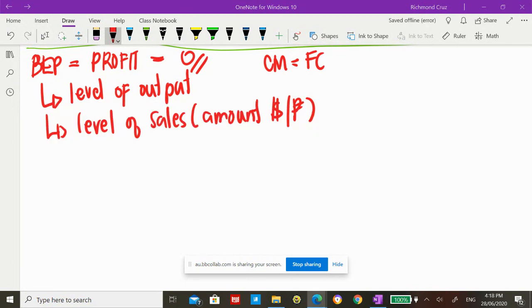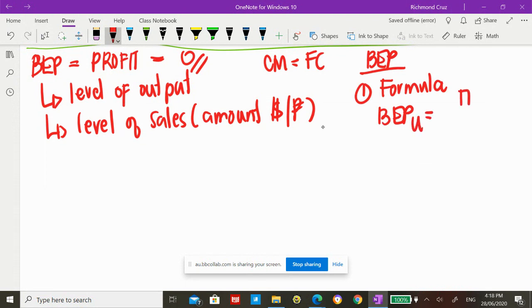We can compute the break-even point using 3 methods. First, the formula method. The break-even point in units is equal to the total fixed cost, meaning the fixed manufacturing overhead and also the fixed selling and administrative expenses, divided by the CM per unit.